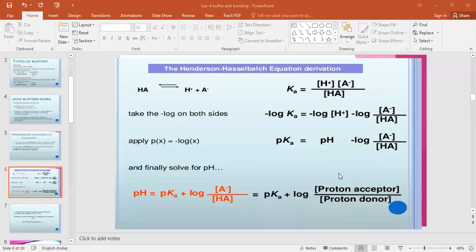Okay, the steps by which this formula evolved are not that necessary in your syllabus. So just concentrate on the formula: pH is equal to pKa plus log of base upon acid.